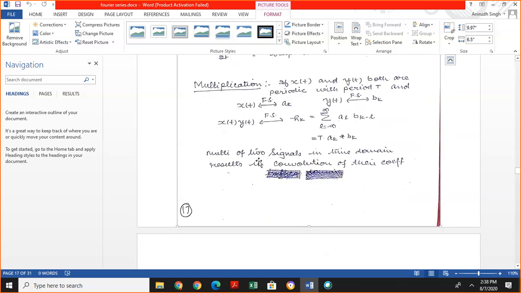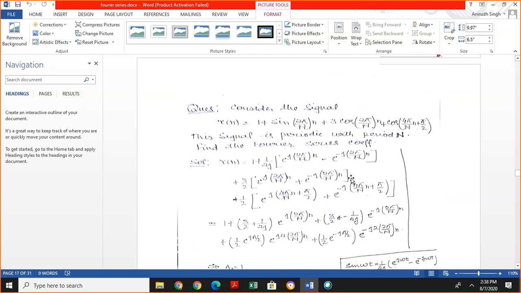This is the convolution of their Fourier coefficients. So we can say that multiplication of two signals in the time domain results in the convolution of their coefficients.